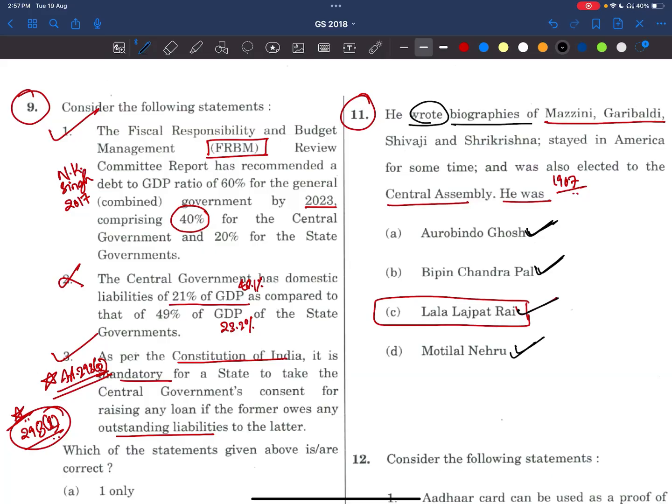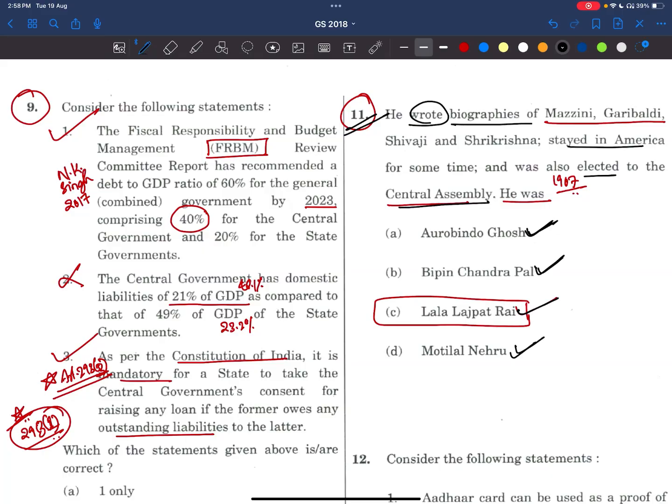He stayed in America, so we have to know whether these people traveled to other nations or to other states in India, and what their contributions are. He got elected, so were these people part of any legislative bodies? We need to focus on all these things, friends. By giving these types of questions, UPSC may ask similar questions in the upcoming years.